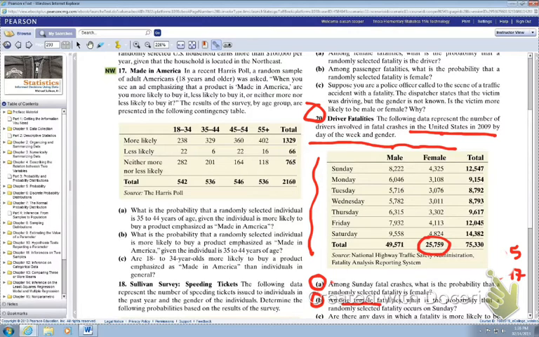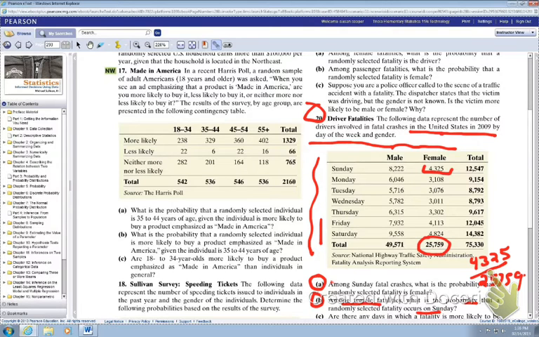So it's really a matter of, what are we going to put on the denominator? Now we're only looking at the females. So given that you're only looking at the females, 25,759, what's the chance that the fatality occurs on Sunday? And now you're looking up the Sunday, and you're seeing the 4,325. You see? So you get a different fraction based on what it is that is in the denominator.